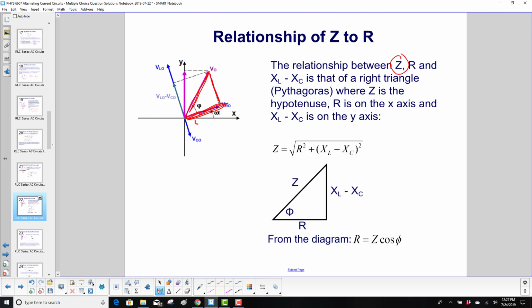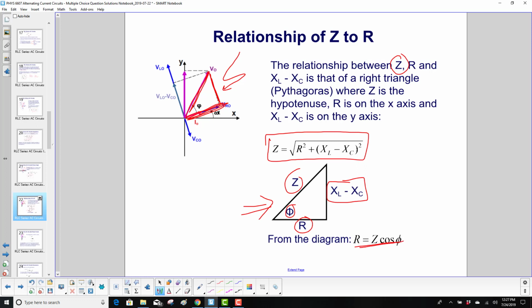Z will be the hypotenuse, and because we're looking at this equation that we derived on the previous slide, Z is the hypotenuse, R is the x, and XL minus XC is the y term, and here's our phi. It matches up just with this triangle here, except just rotated a bit. From this diagram, we can see that R is equal to Z times cosine phi. We'll need that on the next slide.